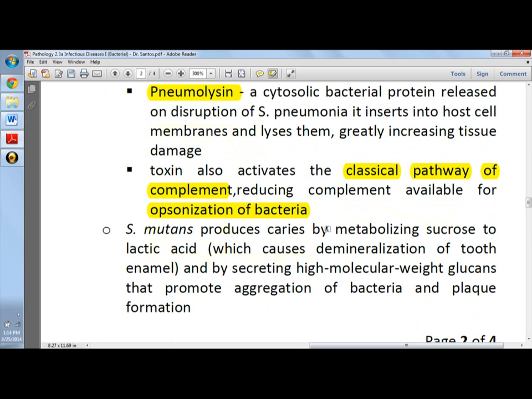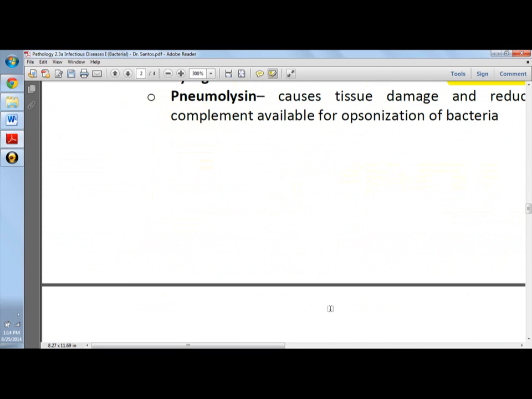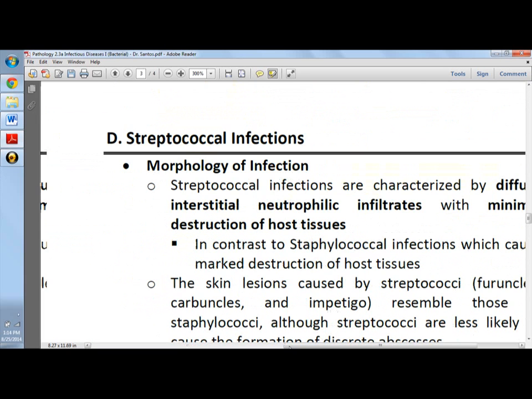And then the S. mutans again, how does it cause dental caries? It metabolizes the sucrose or the table sugar to lactic acid, which is an acid, and then causes demineralization of the tooth enamel, and can eventually cause plaque formation and aggregation of bacteria. For the streptococcal infection, we have a morphology.